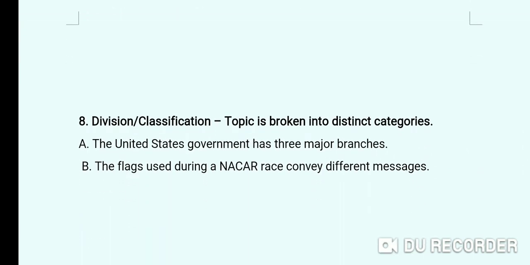And number 8 is division or classification. Topic is broken into distinct categories. Okay. So, for example, when you return home from your weekly trip to a supermarket with 5 bags packed with your purchases, how do you sort out them?